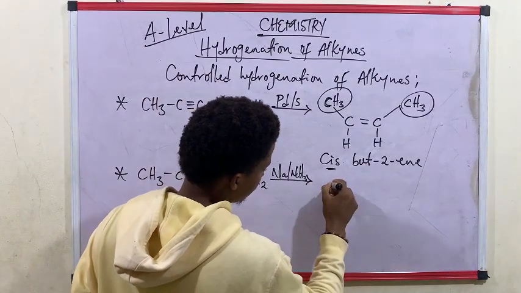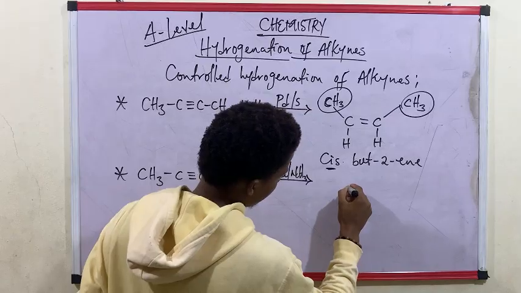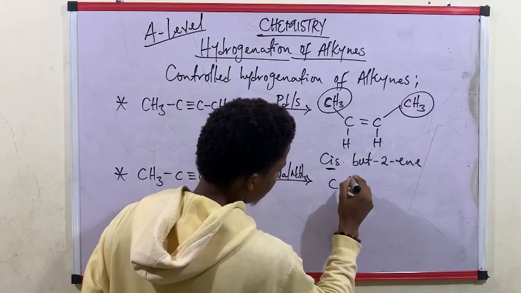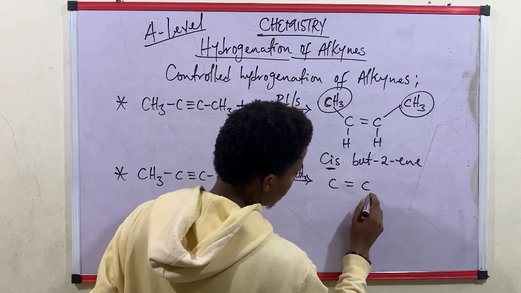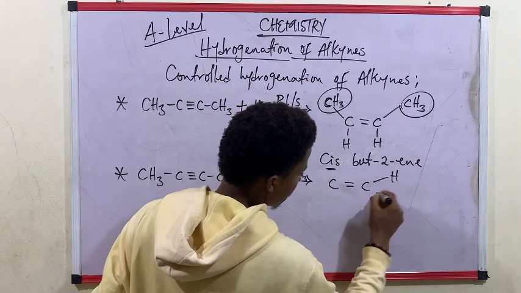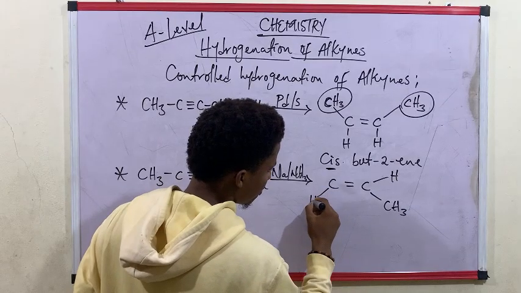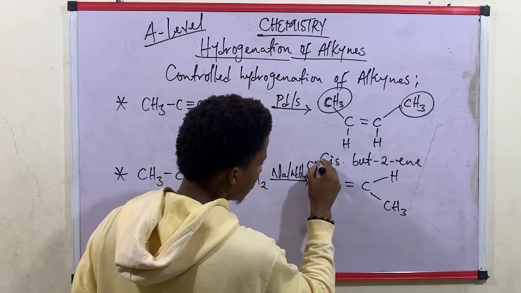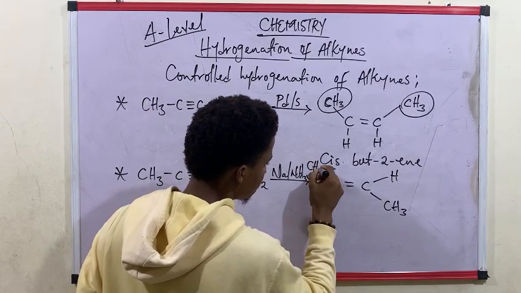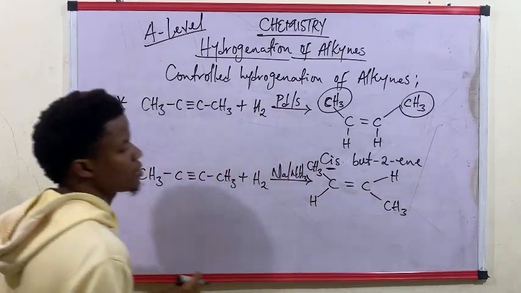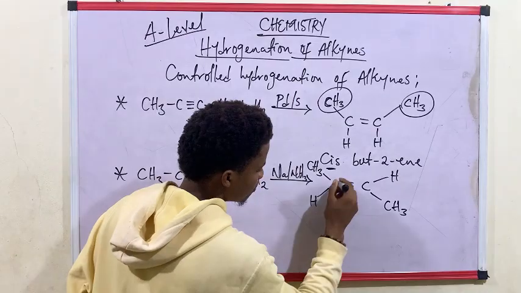A trans. So we now have this structure, C double bond C. Then we have H here, we have CH3 here, and then we have H here, and we have CH3 over here.